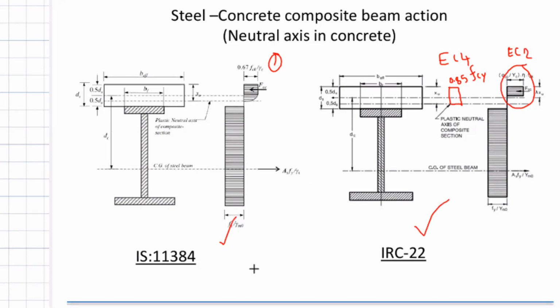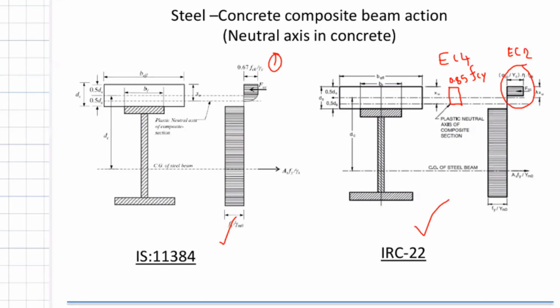The designers have the possibility to use the parabolic stress block also to find out the capacity. Now the simplest case I've shown you is that the neutral axis is in the concrete. This is just to teach you how you can do one particular design. I have done the design, I'll show you.